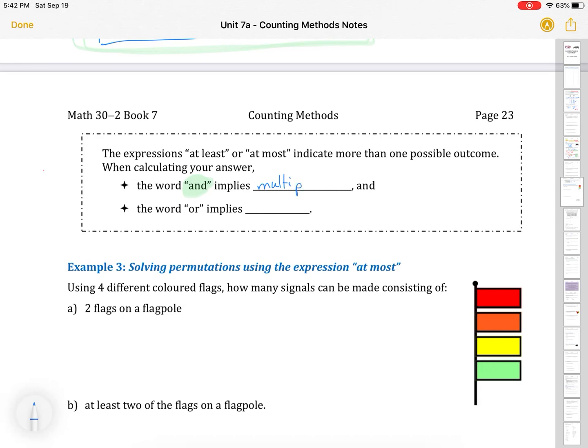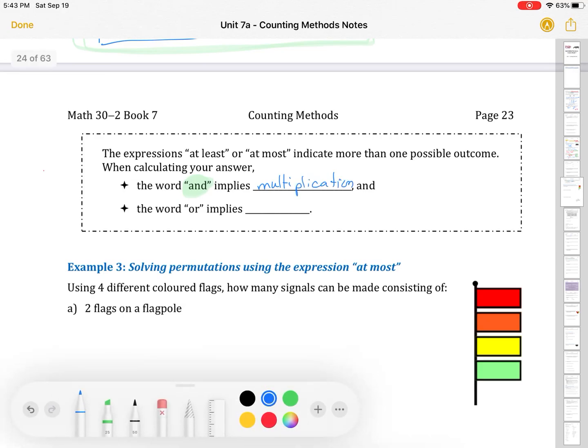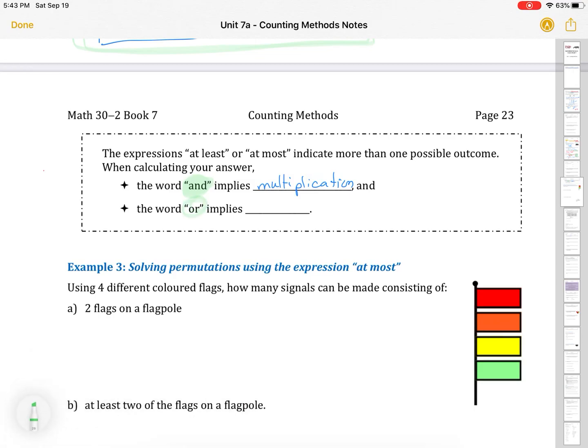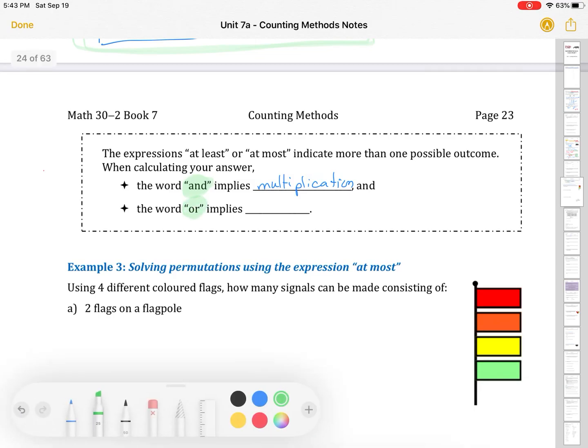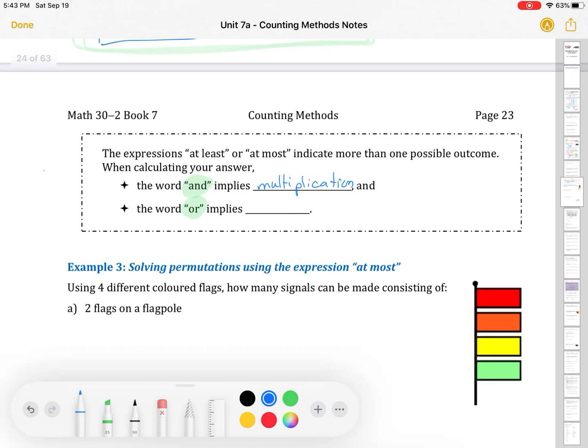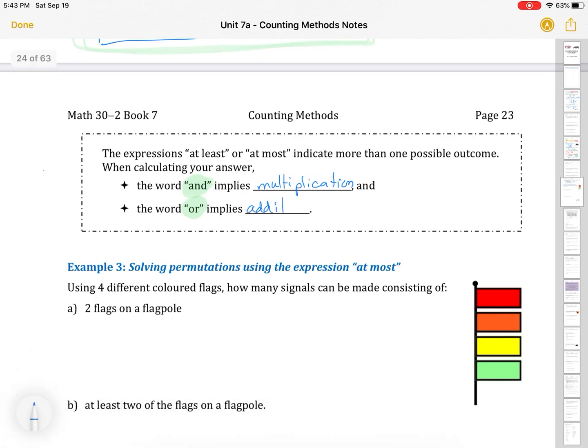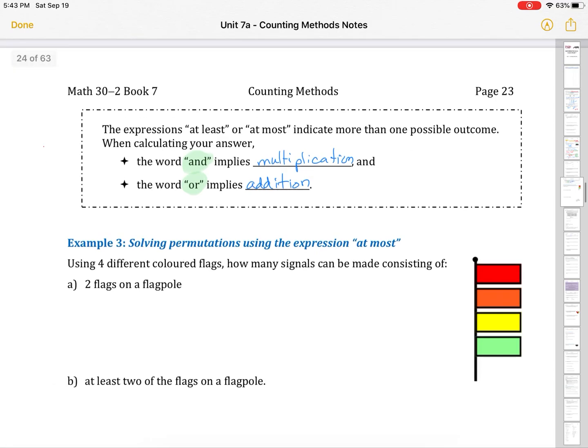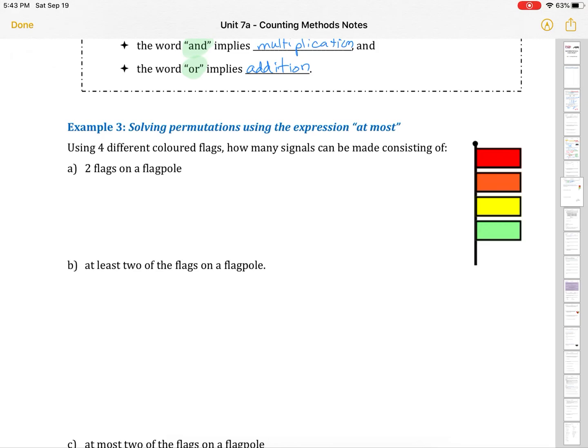If we have the word and, that implies multiplication. If we have the word or, that implies addition. What does that mean, Mrs. Finley? Well, let's do some examples to see exactly what I'm talking about.